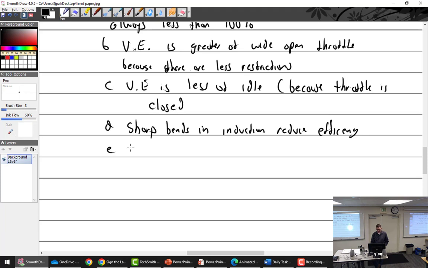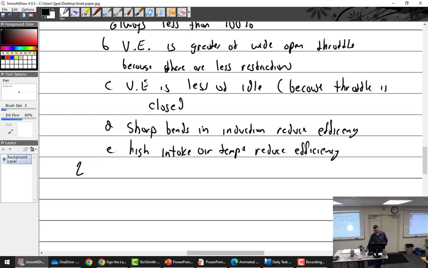And high air intake air temps reduce efficiency, because the air is hot, and so it's less dense, so it tends to reduce efficiency. All right, so we've got to increase our efficiency.